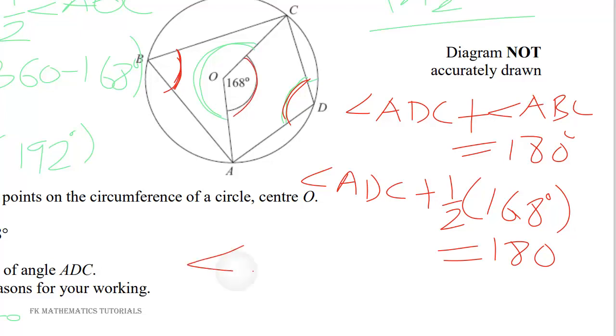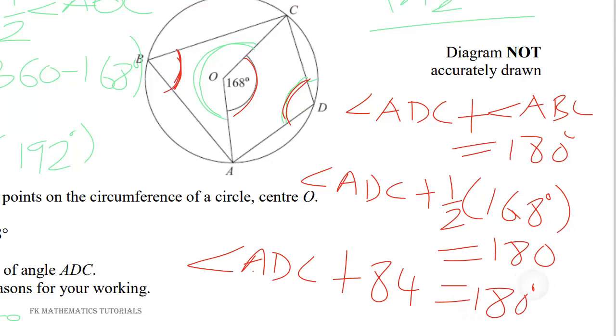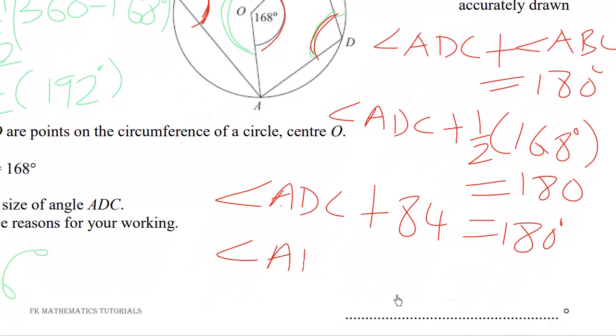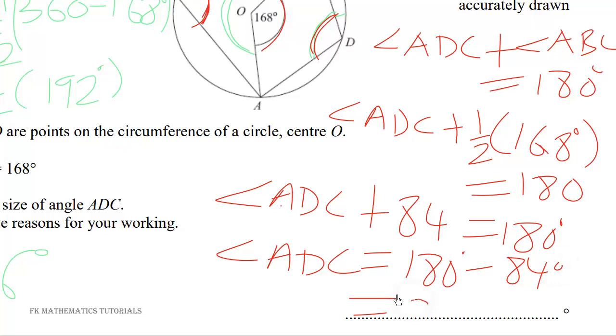So half of 168 is 84. So angle ADC is equal to 180 degrees minus 84 degrees, and that will give us 96 degrees.